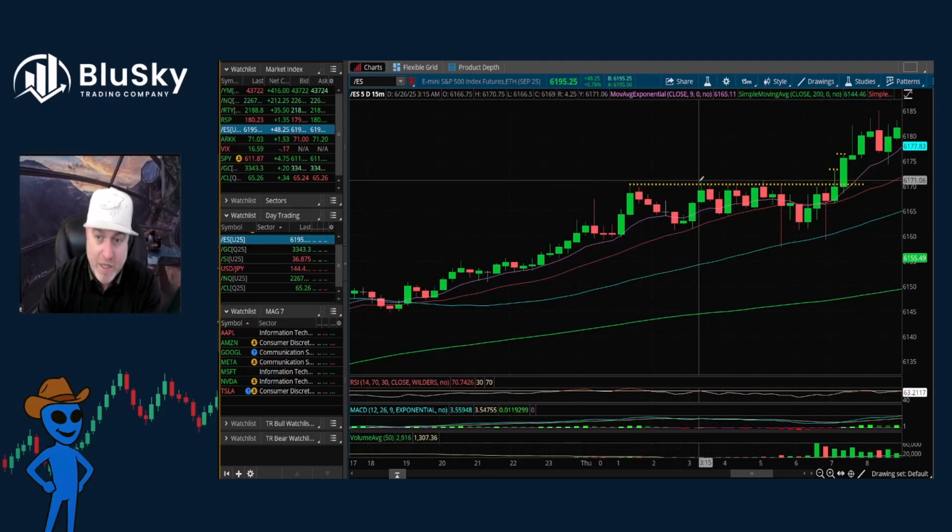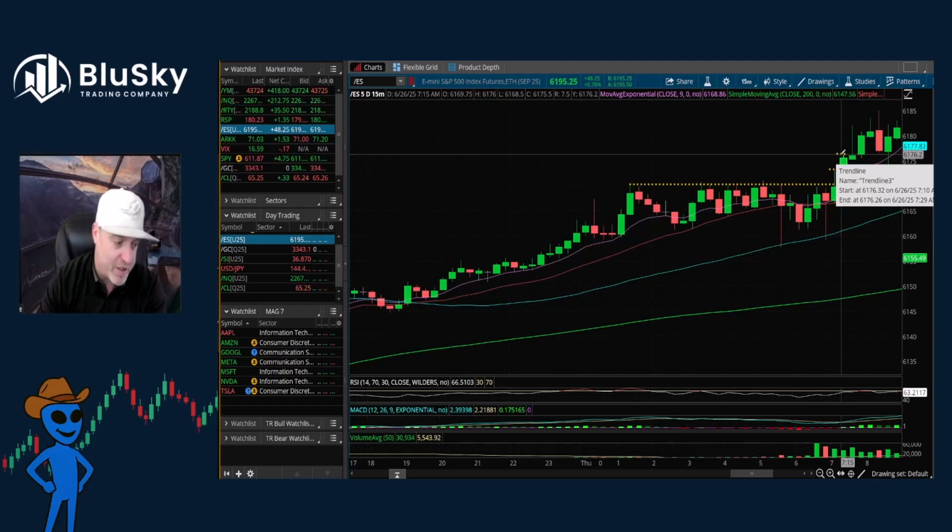I had a couple wicks above that 61.70 level, a wick right here, right here, and obviously the candle wick right there. I wasn't very comfortable with that. I wanted to see the close. I triggered it in above the close. Okay. Does that make sense on the entry, everybody?